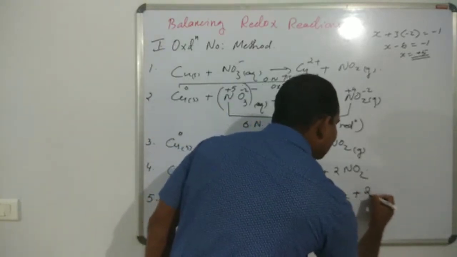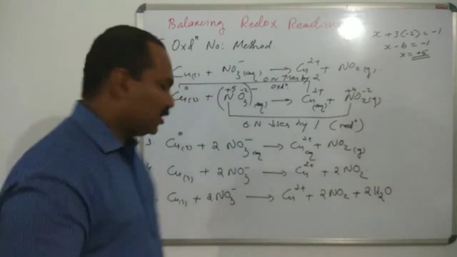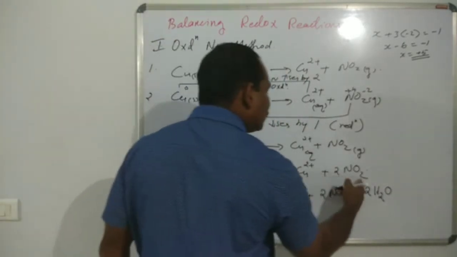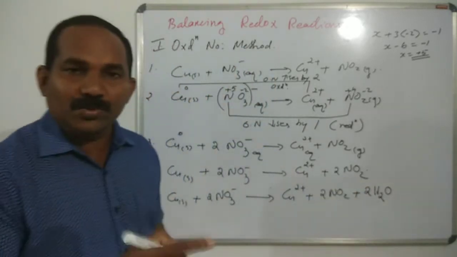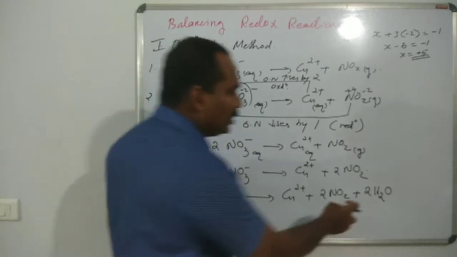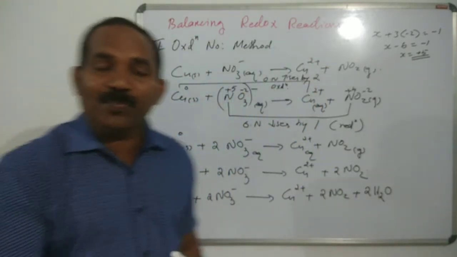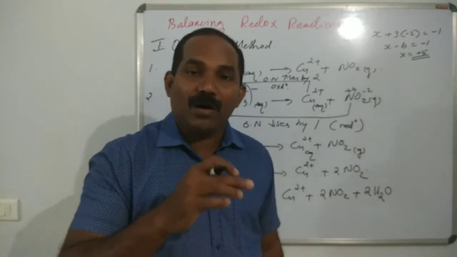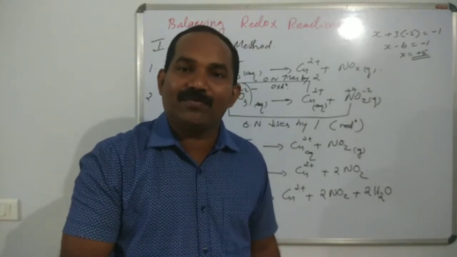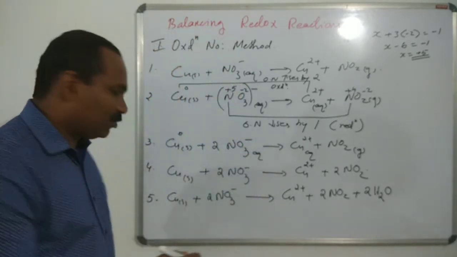Add appropriate number of water molecules. Here 2 into 3 is 6 oxygen. Here 2 into 2 is 4 oxygen. 2 oxygen is deficient on the right side. So we add 2 water molecules in the deficient side of oxygen atom.